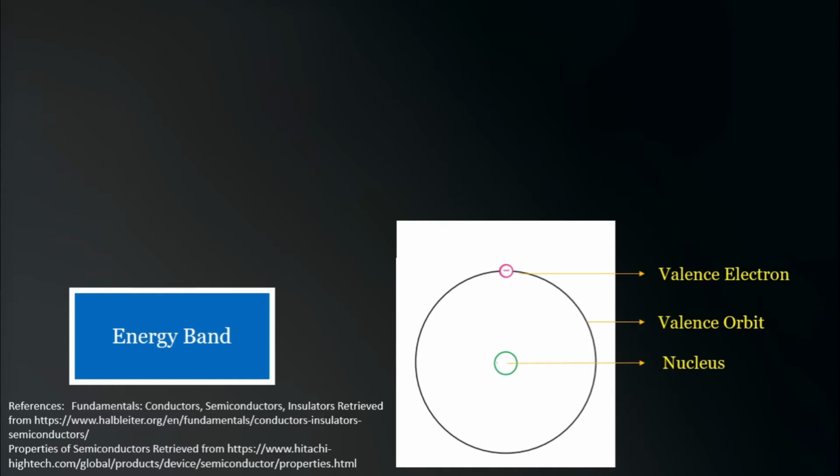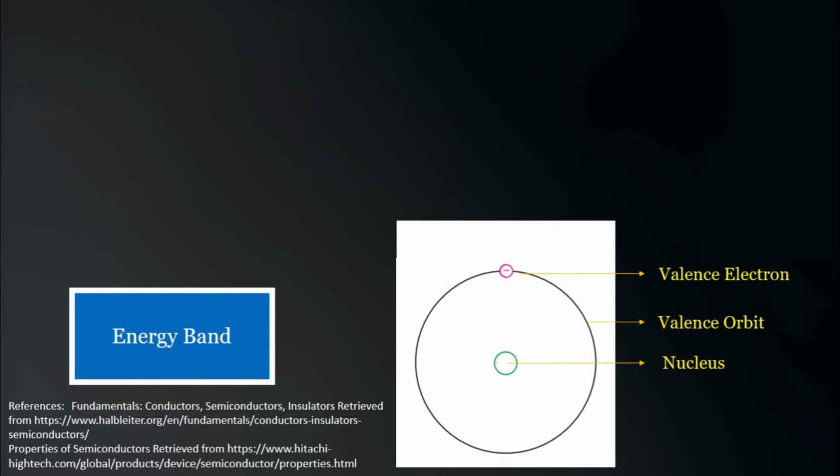Now, another characteristic of subatomic particles is the attraction of the electrons to the nucleus, since opposite charges attract, the protons in the nucleus being positively charged while electrons being negatively charged. But due to the centrifugal force created by the orbiting electrons, they remain stable in their respective orbits, much like satellites orbiting the Earth. Due to the distance of the valence electron from the nucleus, its attraction to the protons at the center is weaker.